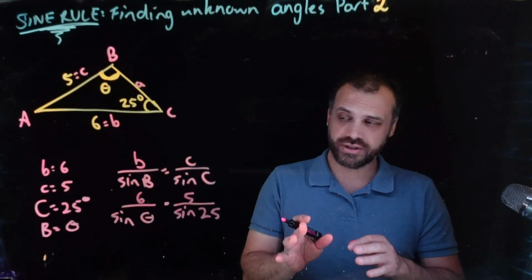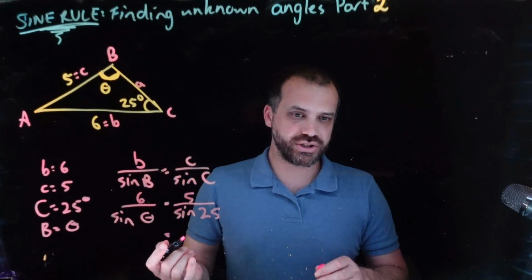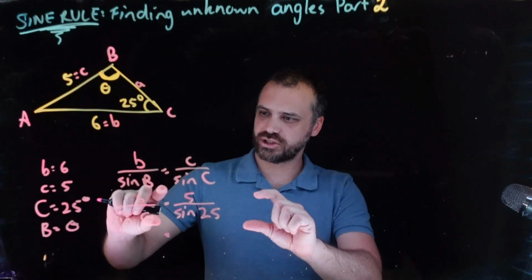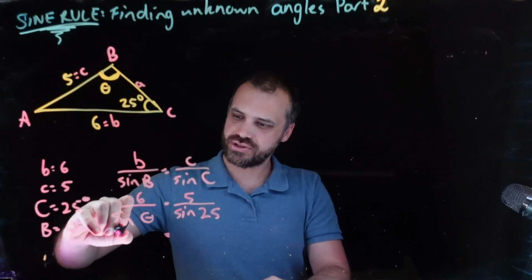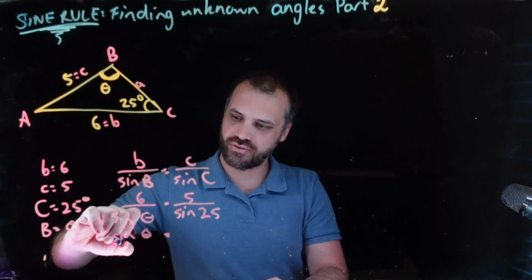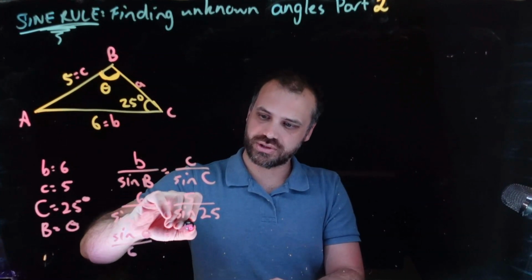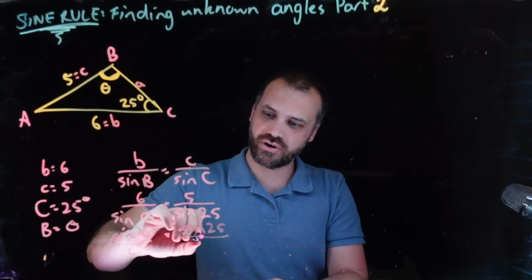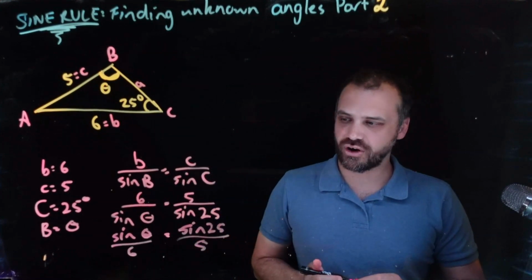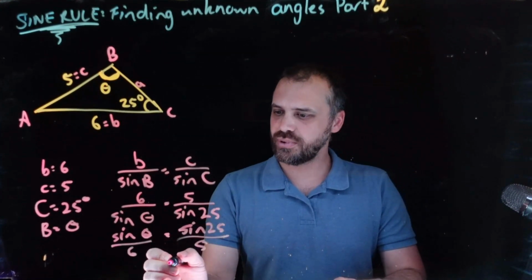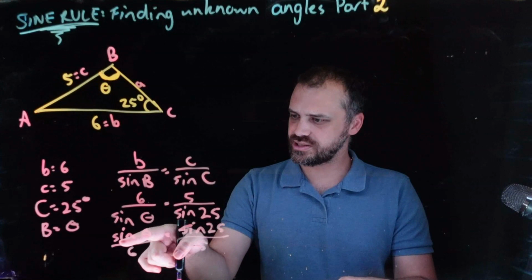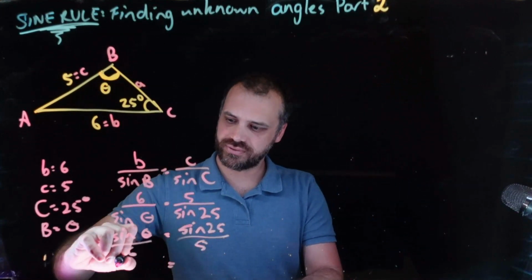So far so good. Now we rearrange that just like we did previously. Actually, I might flip those first. So sine theta over 6 equals sine 25 over 5. That's good. Multiply both sides by 6 so I can get theta by itself.